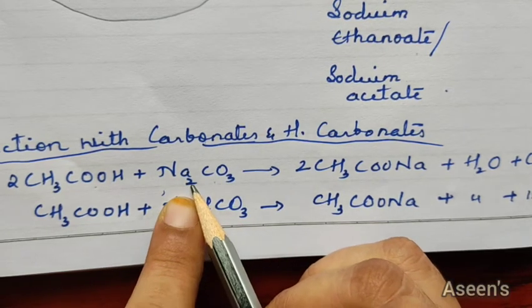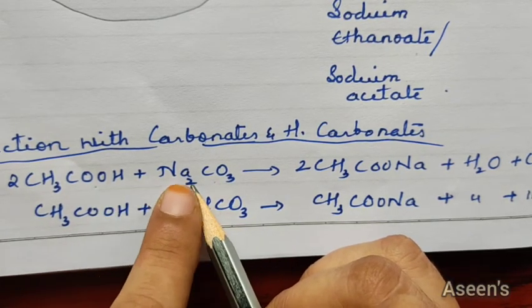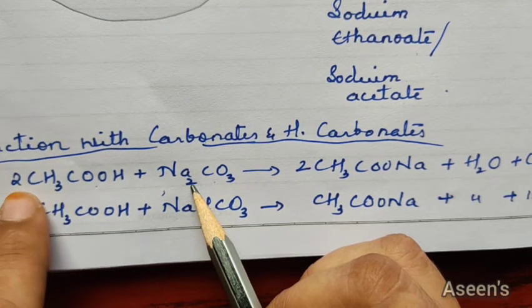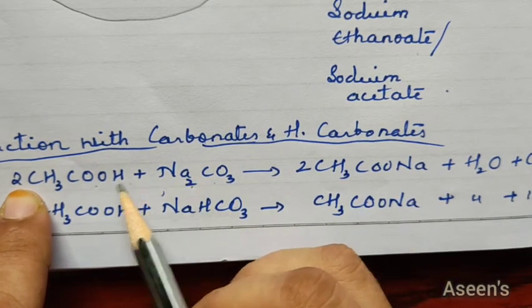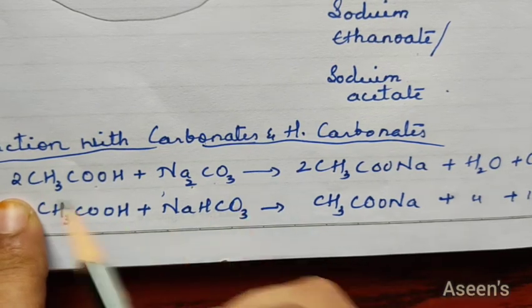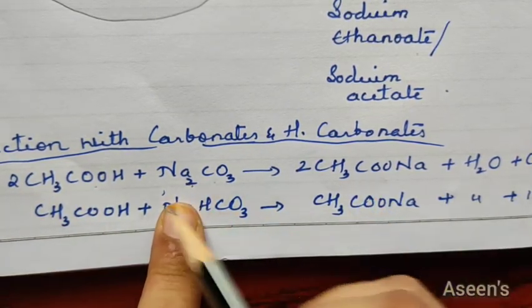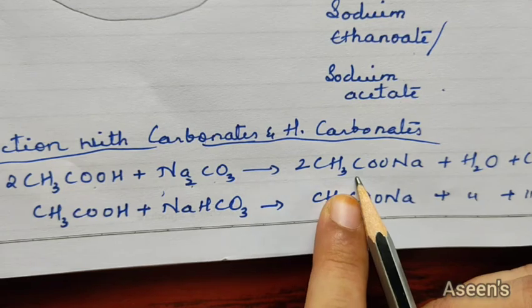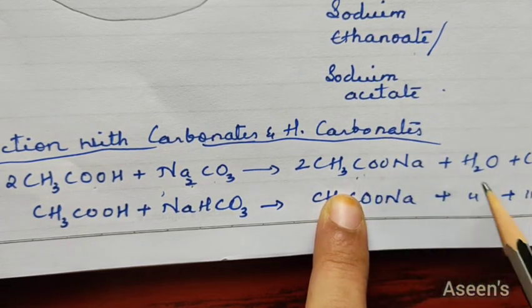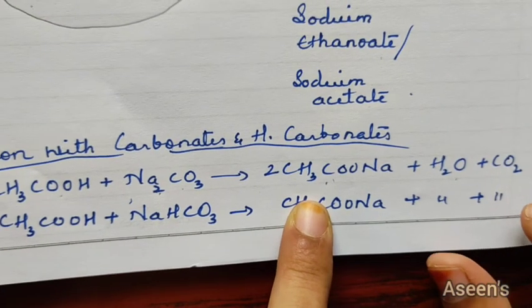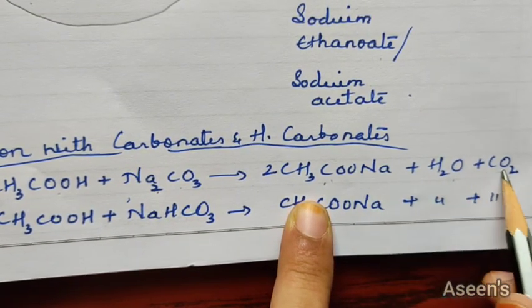So we have two sodiums, so it can replace two hydrogens. That is the reason why we have taken 2 here. Two sodiums will replace two hydrogens, so two molecules of ethanoic acid we have taken here. That is the reason why we are going to get two molecules of sodium acetate or sodium ethanoate along with water and carbon dioxide as the side product.